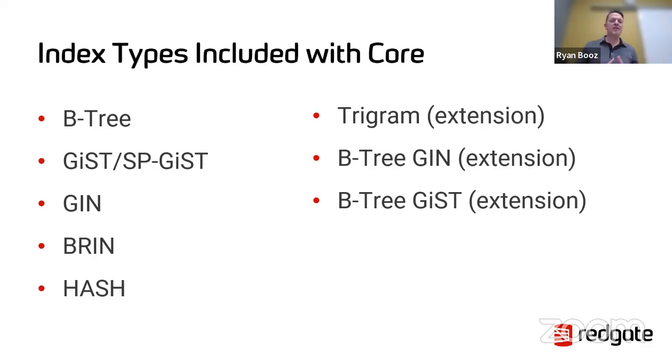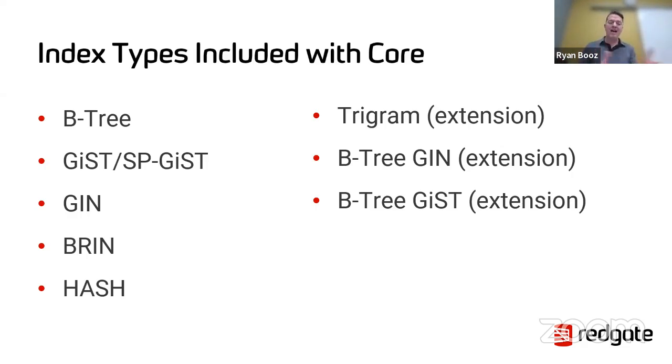So the included index types, when you install the core product, so if you were to download and run, say, the Docker image, or maybe you compile Postgres, or you're on Linux and use an RPM, something like that. Even if you use Postgres in a hosted environment like Azure or AWS, these indexes will all be available in some form or fashion.